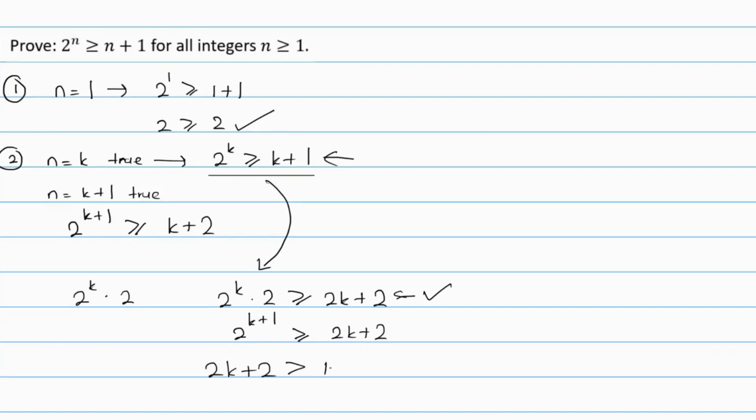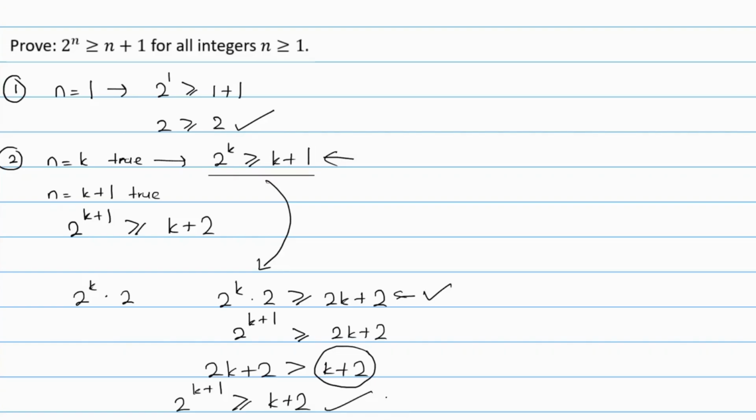than k plus 2. So if k plus 2 is less than 2k plus 2, obviously k plus 2 is less than 2k plus 2. Therefore, we can write that 2 to the power k plus 1 is greater than or equal to k plus 2.